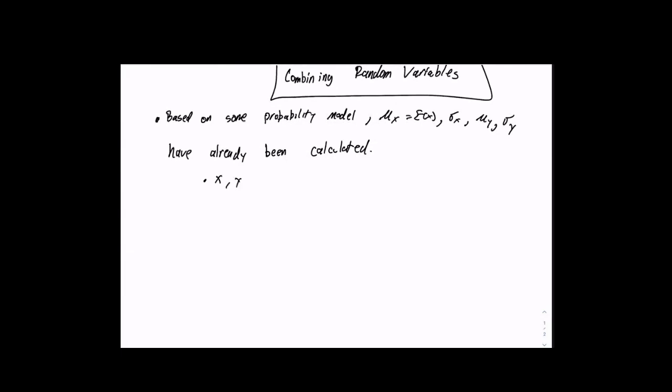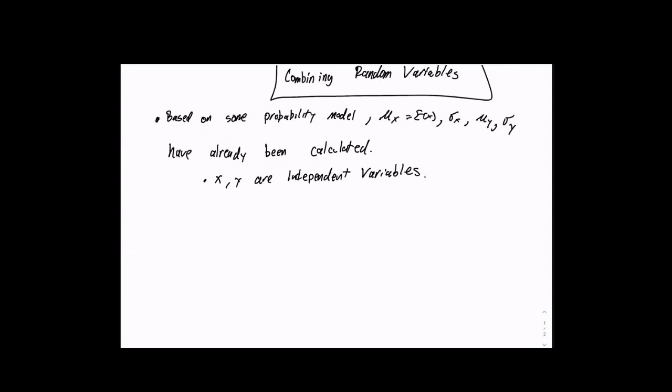X and y are independent variables. So we have these notations, and we can use the sigma notation, we can use the expected value notation. You'll see a little bit of both of them.